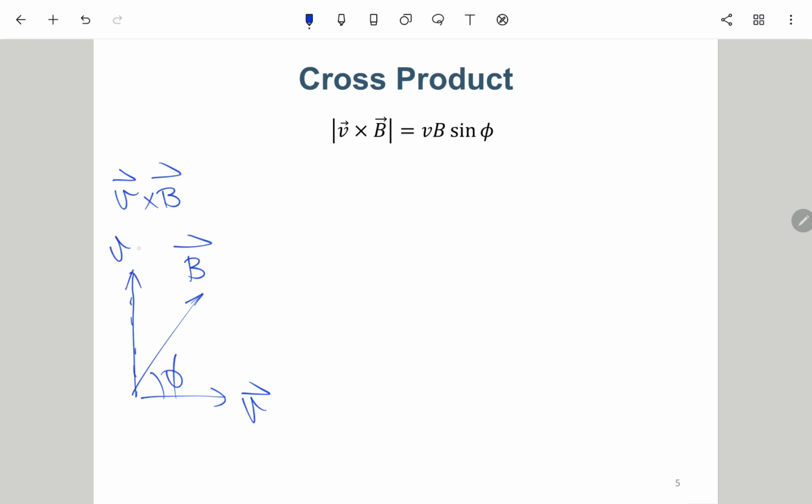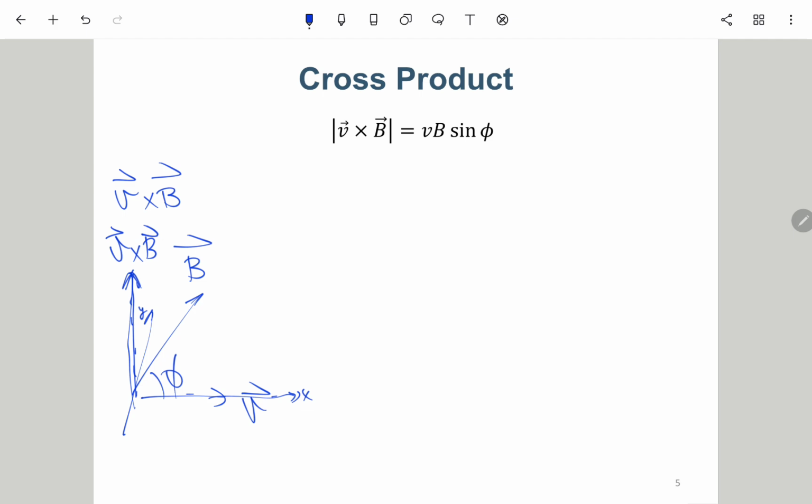So we have V cross B in this direction. Just imagine this is the x-axis, this is the y-axis, and this is the z-axis. So this is the direction.